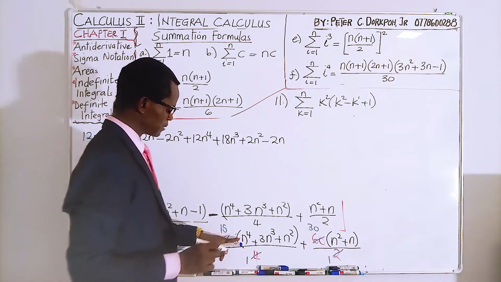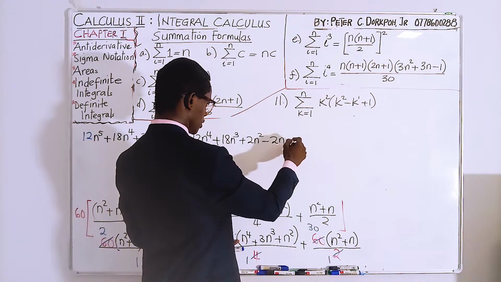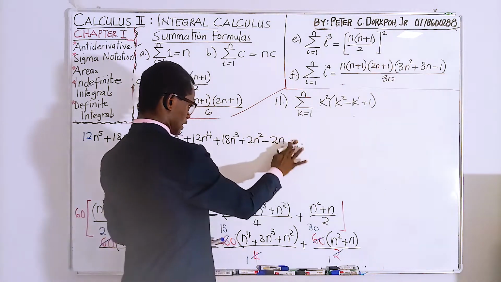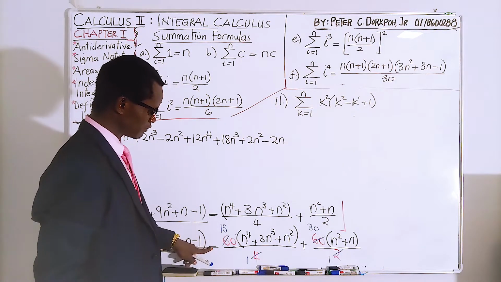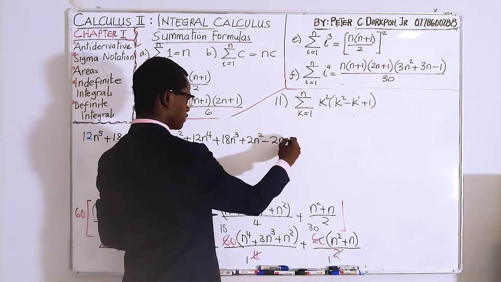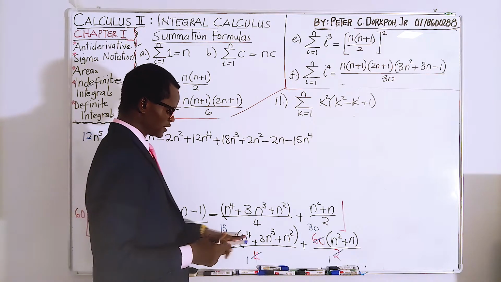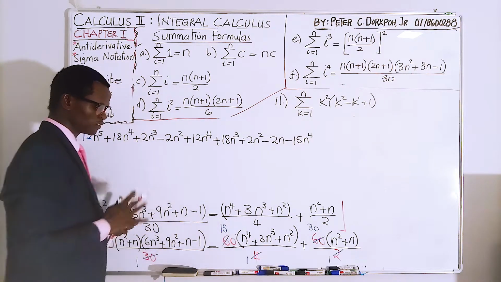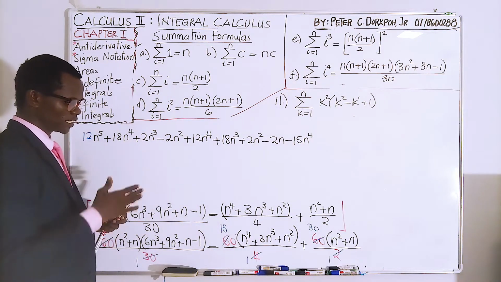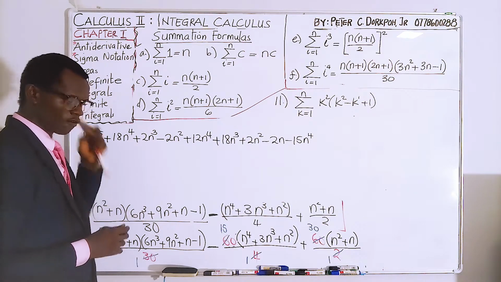So it's 15 times n to the fourth power. Now, this negative must affect everything in there, right? So it's negative 15n to the fourth power. 15 times 3: 15 plus 15 is 30, plus another 15 is 45.